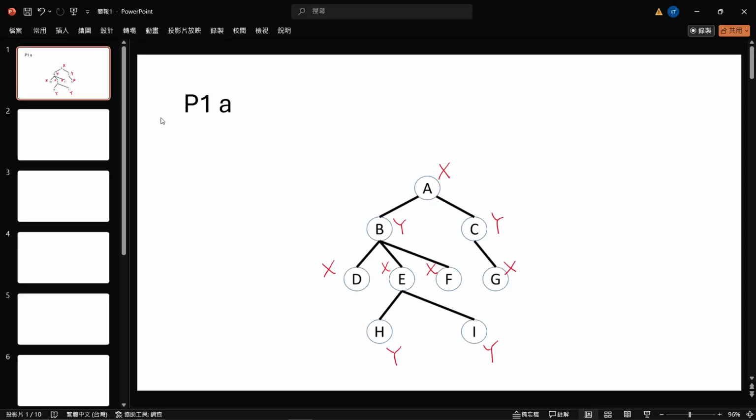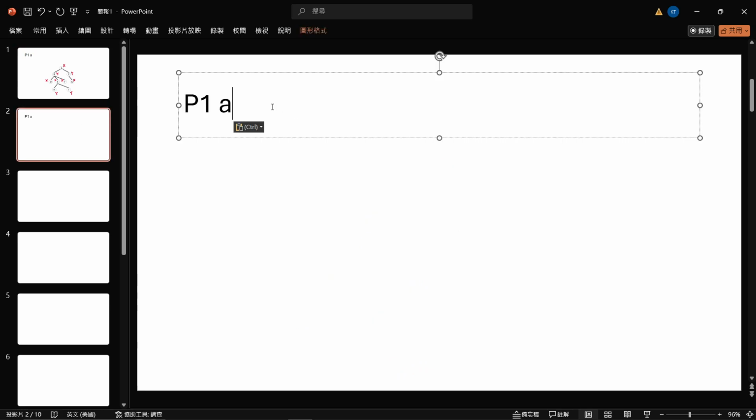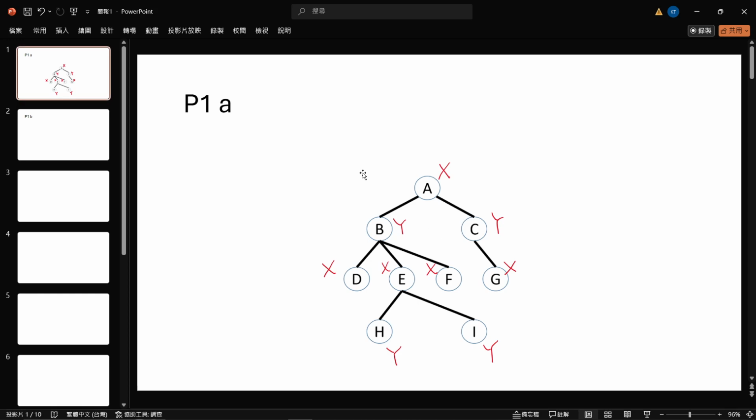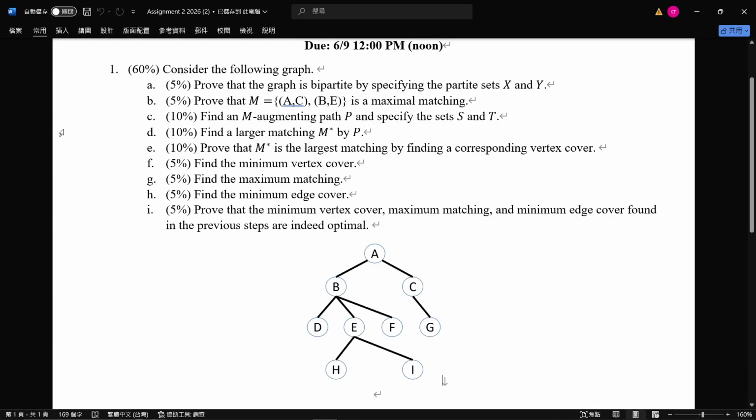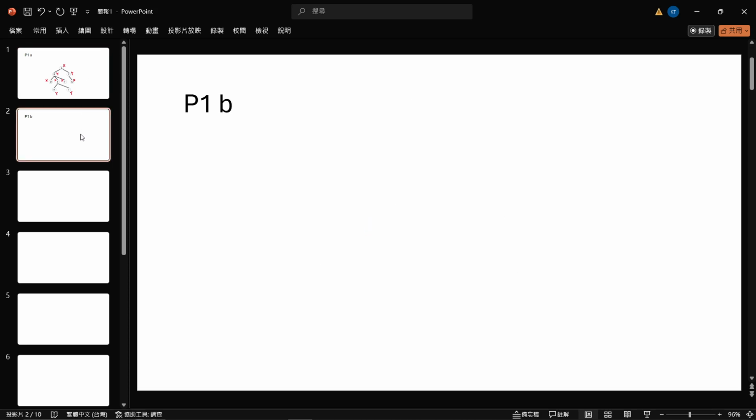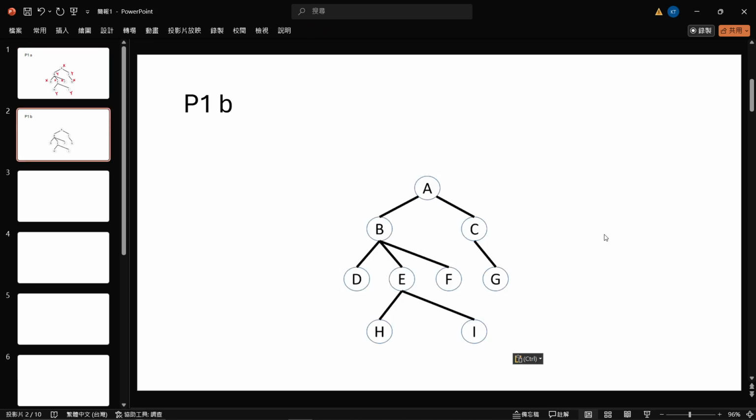Okay, so the next subproblem is we have to show that this matching, AC and BE, is a maximal matching.